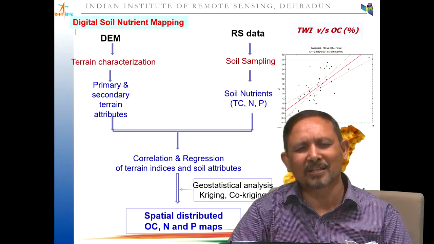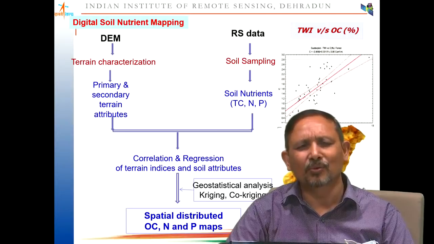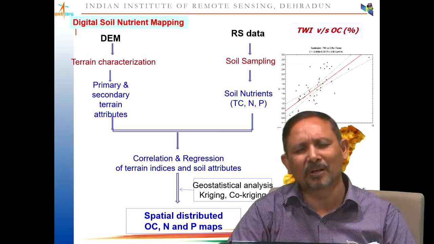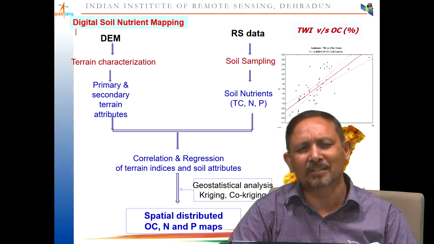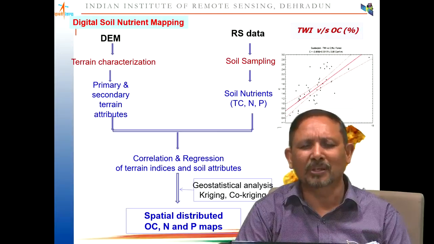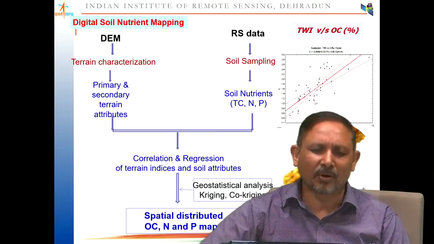These facilities are available in most of the GIS software available today, whether freely available or paid. All GIS software has this functionality of hydro processing of digital elevation models.